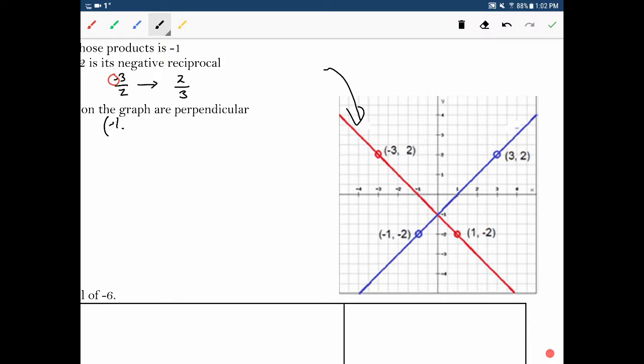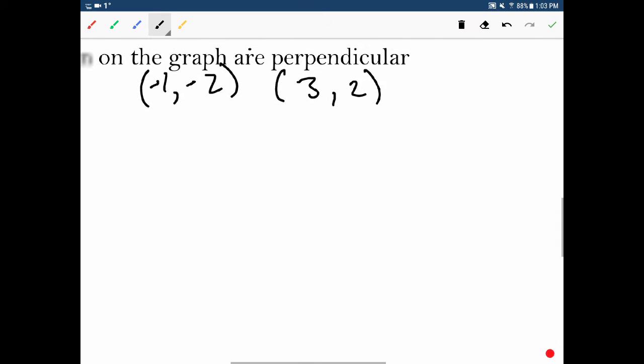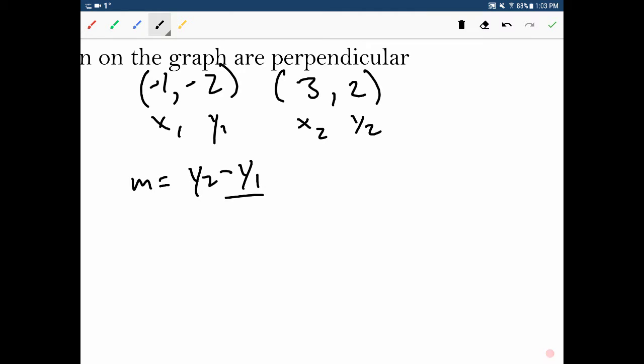We got negative 1, negative 2. Try not to mess that up this time. And we've got 3, 2. All right. So here we go. Same thing. We'll go x, y, point 1, point 2. All right, and then I say m equals y2 minus y1 over x2 minus x1.